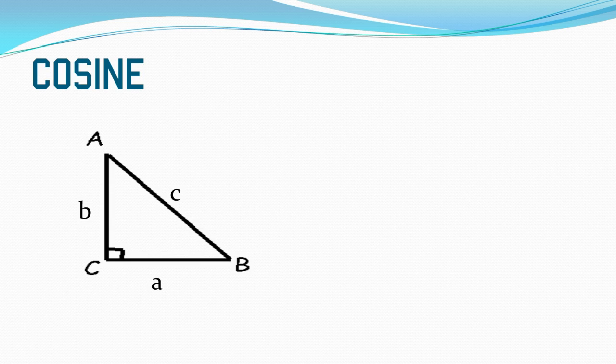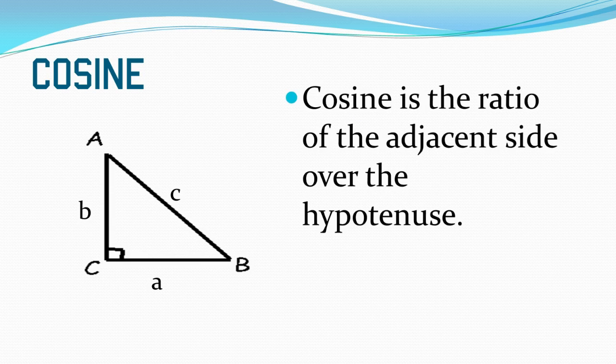Cosine is another trigonometric function. It's the ratio of the adjacent side over the hypotenuse. The adjacent side is always the side that the angle is touching. Now in this case, if I was solving for angle B, for example, side A and side C are touching. Side C is a very specific side. That's the hypotenuse.